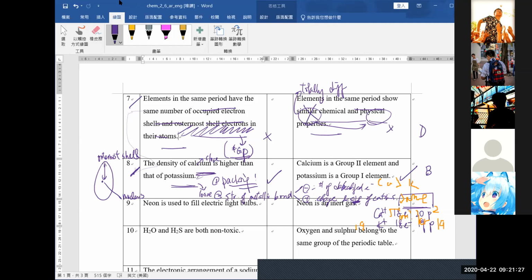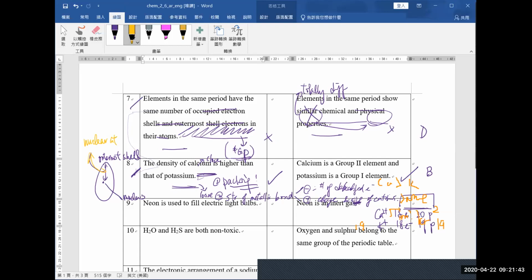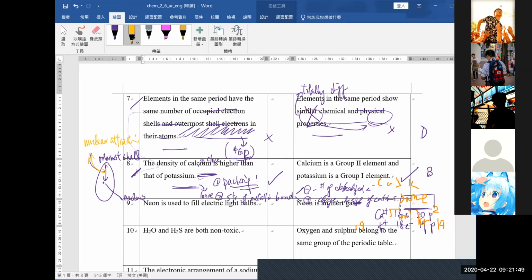So the distance depends on what? It depends on the nuclear attraction, the strength of nuclear attraction. The attraction between something positive and something negative. Can you get the point? So which one has a stronger nuclear attraction, potassium ion or calcium ion? Yes, that's right, calcium ion for sure.